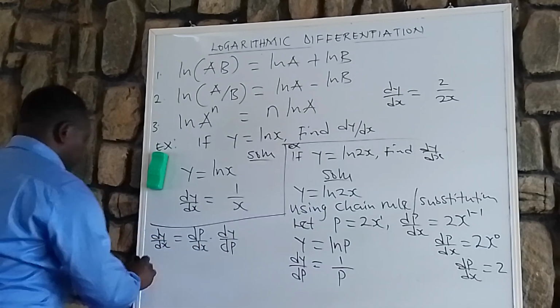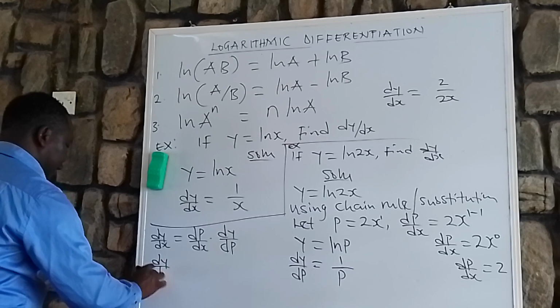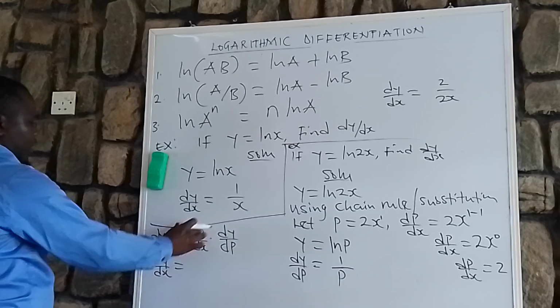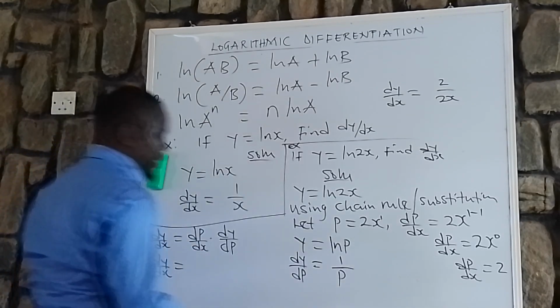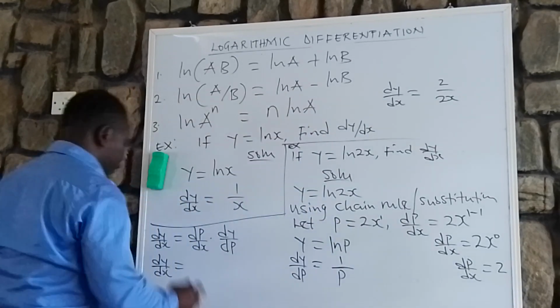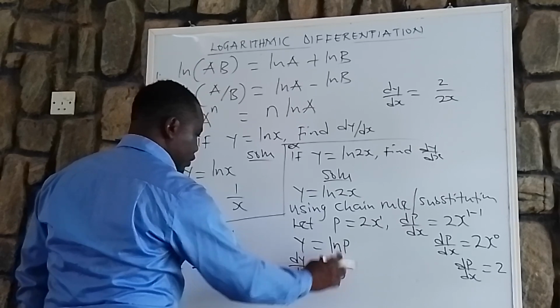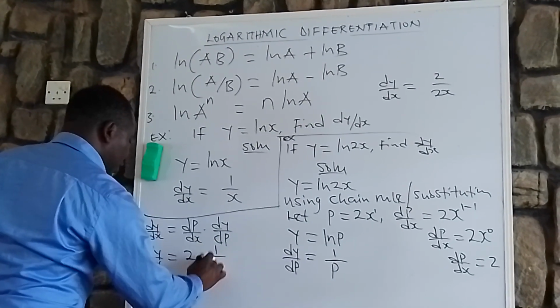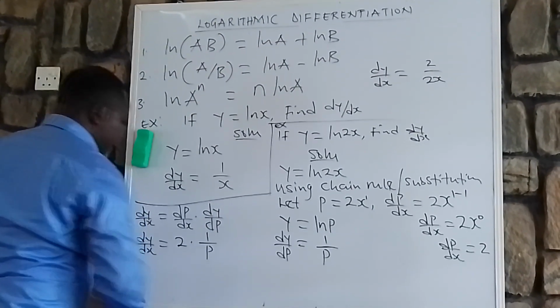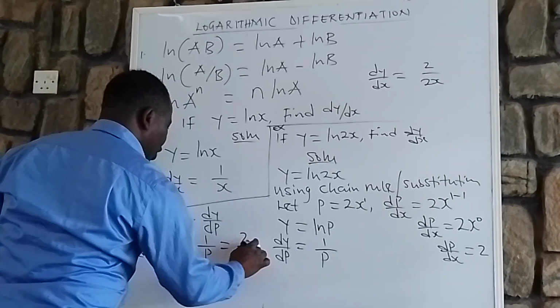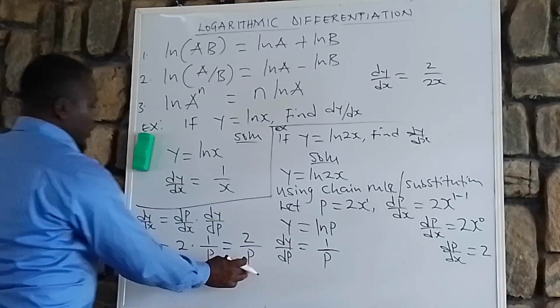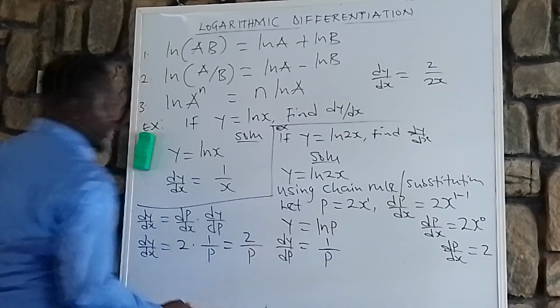Okay, so now our dy all over dx is equal to, what is our dp all over dx? It gives us 2, times our dy all over dp, which is 1 all over p. Then this is the same thing as 2 all over p. But note that your p is equal to 2x. True or false?